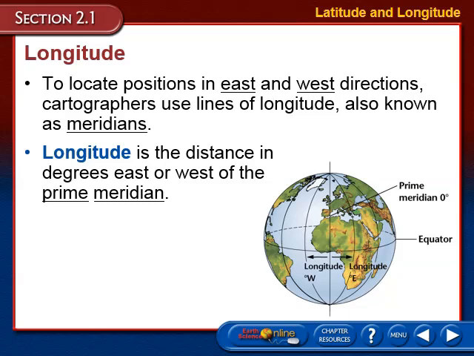Well, the reason the prime meridian is where it is is because these systems were developed during the time when Great Britain was the major world power. And so the prime meridian runs through Greenwich, England. We base not only our lines of longitude off of this, but we also base our time zones off of this.